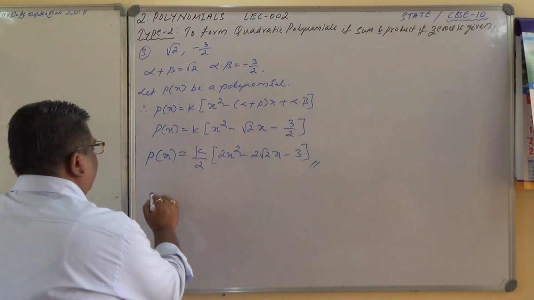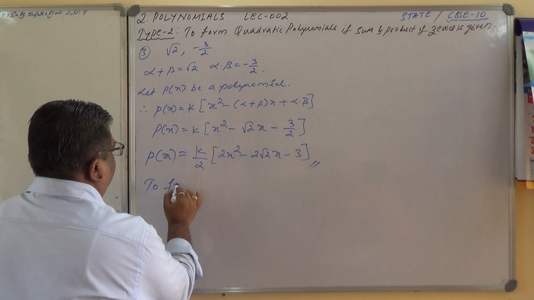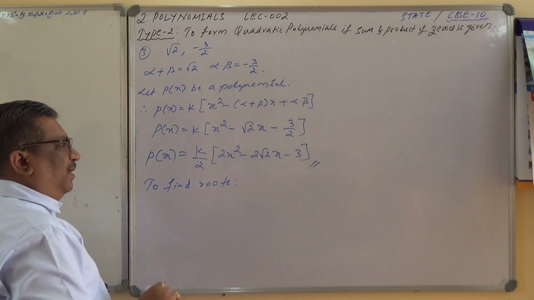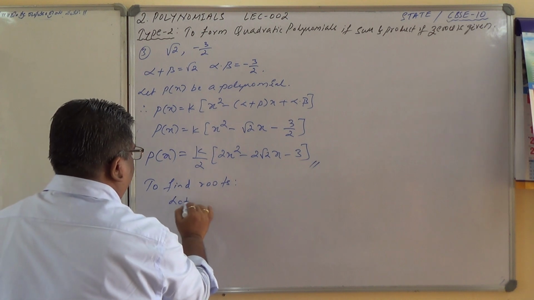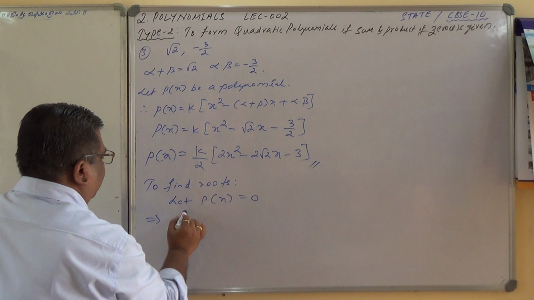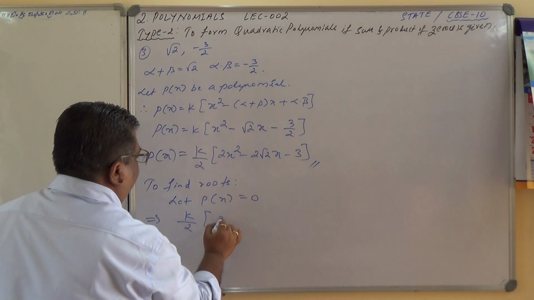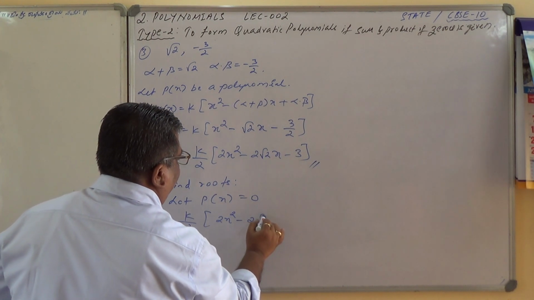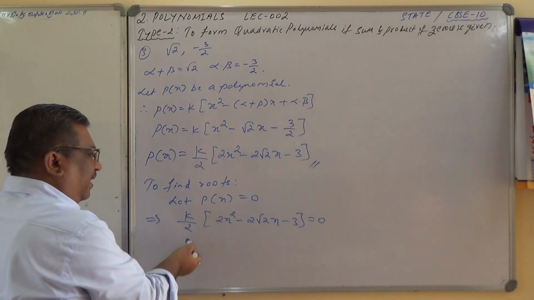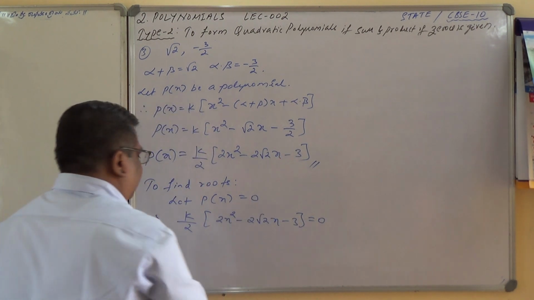Okay. Now, to find roots, you have to equate the given polynomial to 0. Let p of x equals 0 implies k by 2 into bracket 2x square minus 2 root 2x minus 3 equals 0. Now this k by 2 entire thing goes off that side.